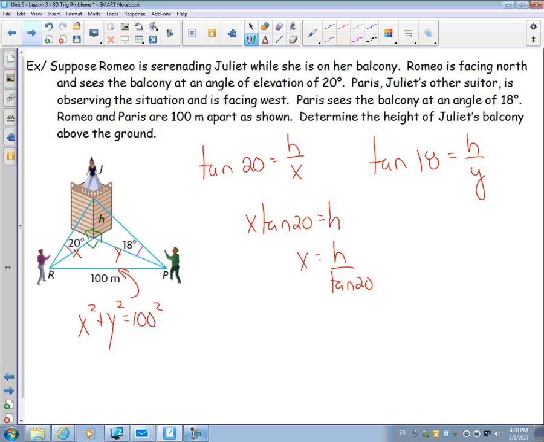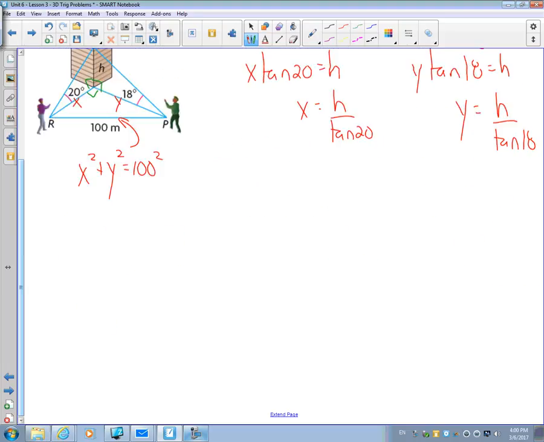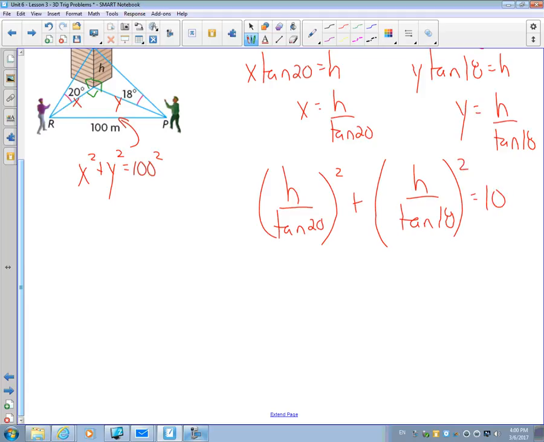If we do the same thing for the other one, y tan 18 equals h, or in other words, y is h over tan 18. I could then take my Pythagorean relationship and say, okay, x squared, in other words, h over tan 20 squared, plus y squared, h over tan 18 squared, should come out to 100 squared.